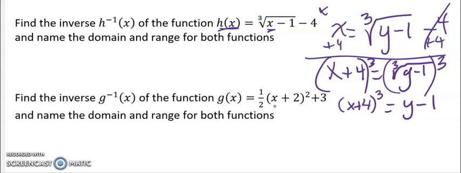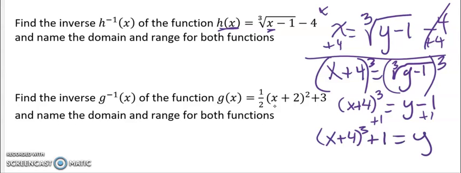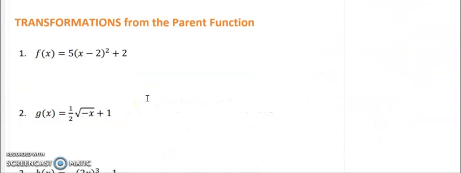Okay? Now, in order to get y alone, we're going to have to add this 1 to the other side. Remember, these parentheses cannot be penetrated, and that 1 has to go on the outside. So, to write the inverse, exchange your x and your y, what we did, and then rewrite it again for y equals. And you could get any kind of equation. Just go step by step.